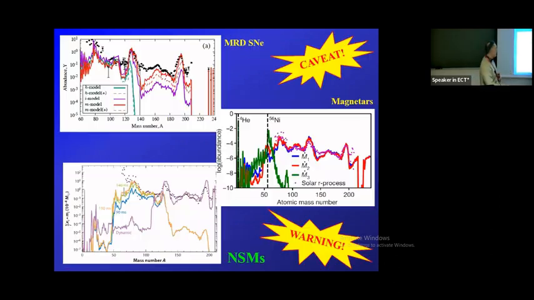And even within the same object, we may have different components, depending on whether we are looking at the equatorial plane or the polar plane, and so on. So basically, the number of parameters at play is high, and it is difficult to discriminate which model is better to reproduce the r-process distribution.